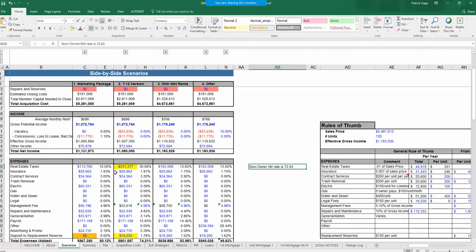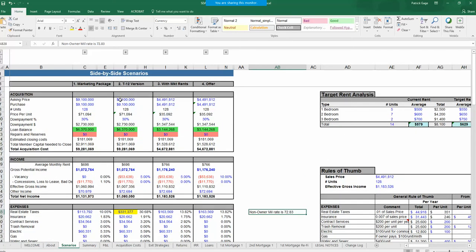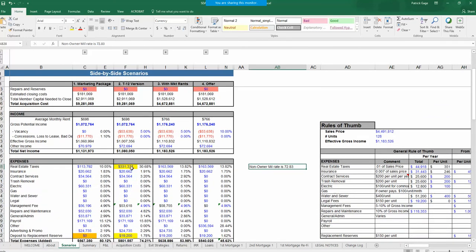So what this 377 is, is half of the $9 million asking price times this mill rate, which gives you the taxes. And Michigan is probably the only state that I know of that it'll affect you this way. And it is a huge effect if you notice.